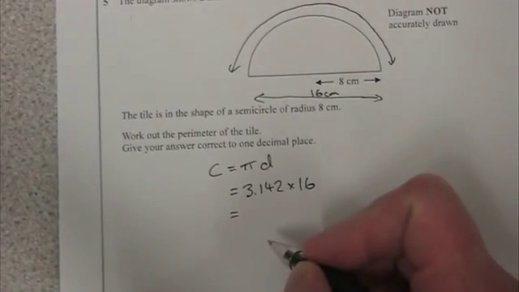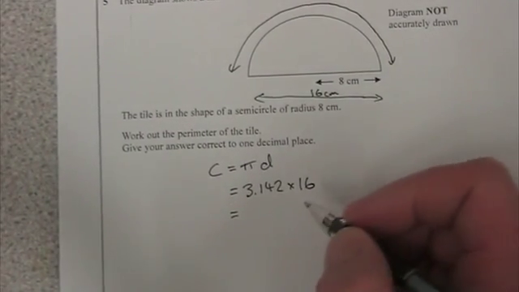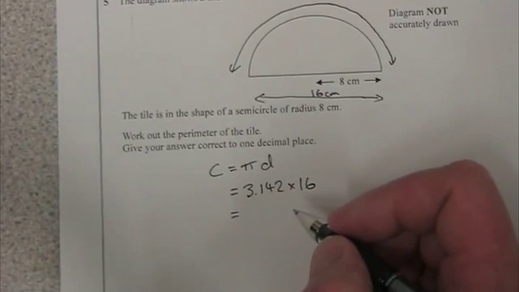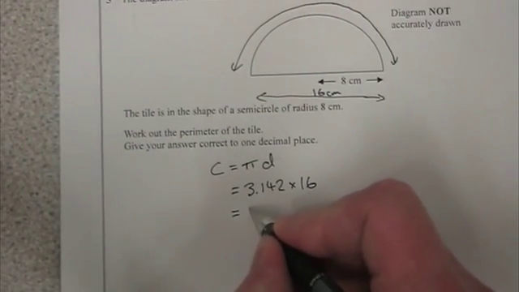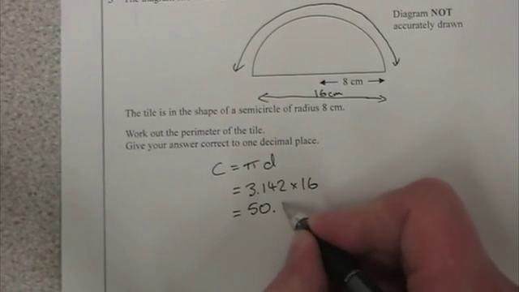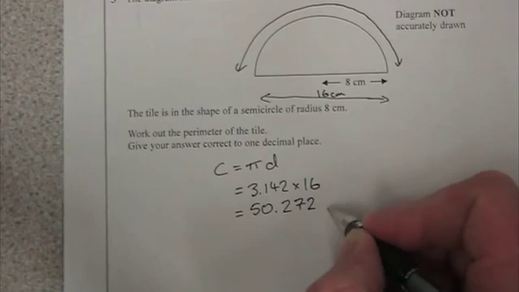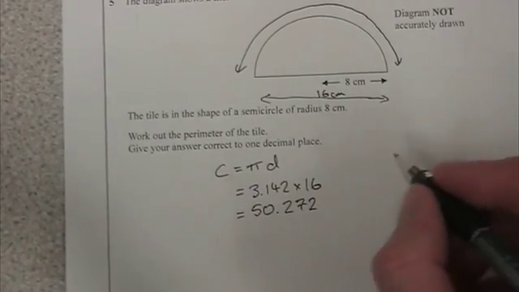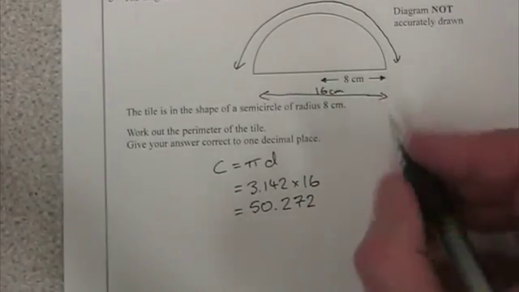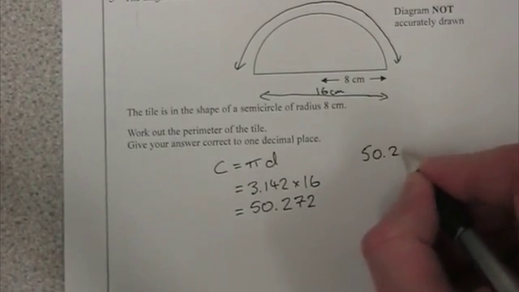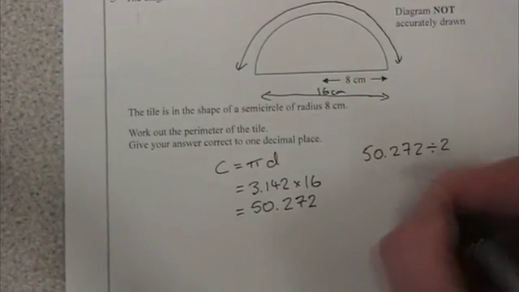Using the calculator, 3.142 times 16 gives me 50.272 centimetres. Probably don't need to be that accurate, but we want just the half of that. So I'm going to get my 50.272 and divide it by 2.